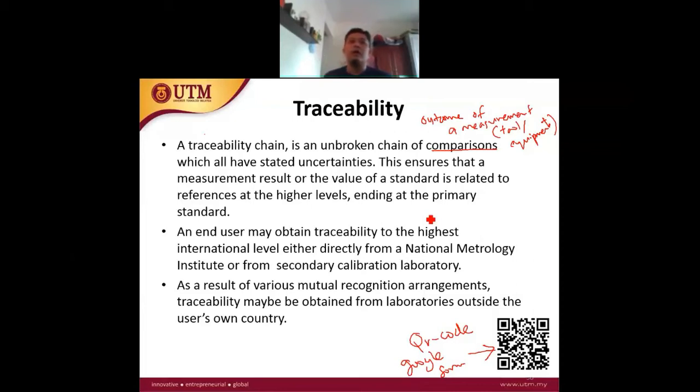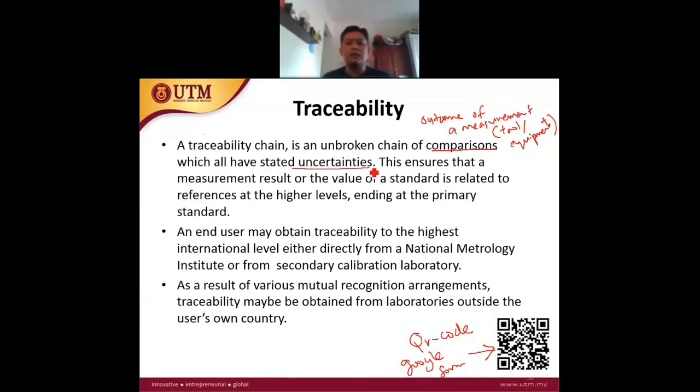And at the top of the levels will be the definition. Most likely the highest level can be accessed only by certain parties, not everyone. So those are basically comparisons, which all have stated uncertainty.